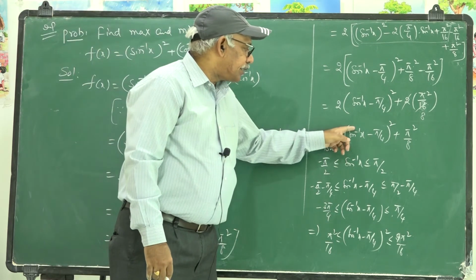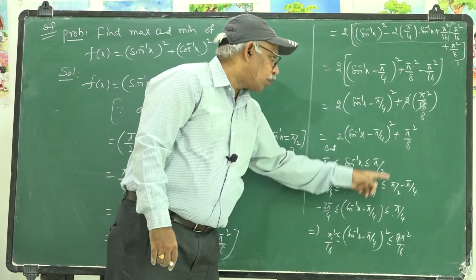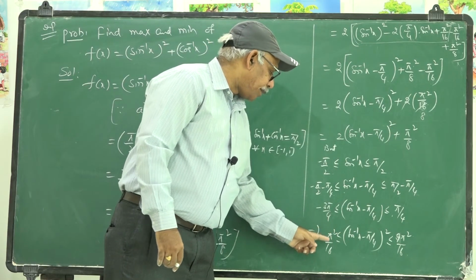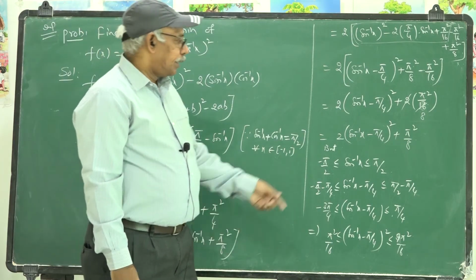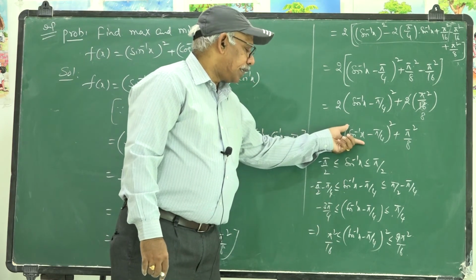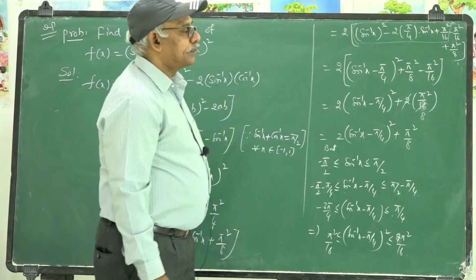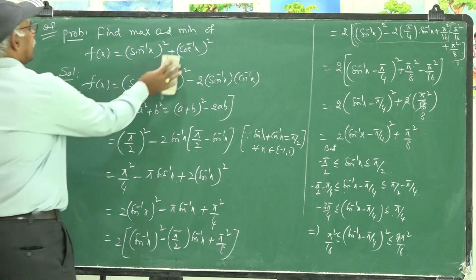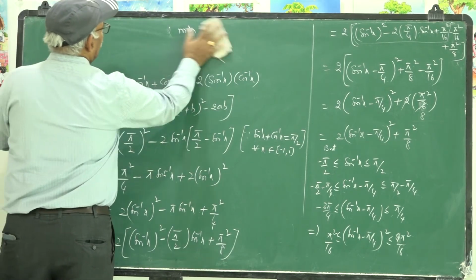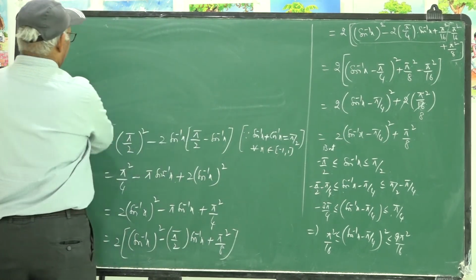So, this sin inverse x minus pi by 4 whole square lies between pi square by 16 and 9 pi square by 16. So, this is the minimum value of this one and maximum value of this one. So, f minimum and f maximum. Now, coming to f minimum and f maximum.